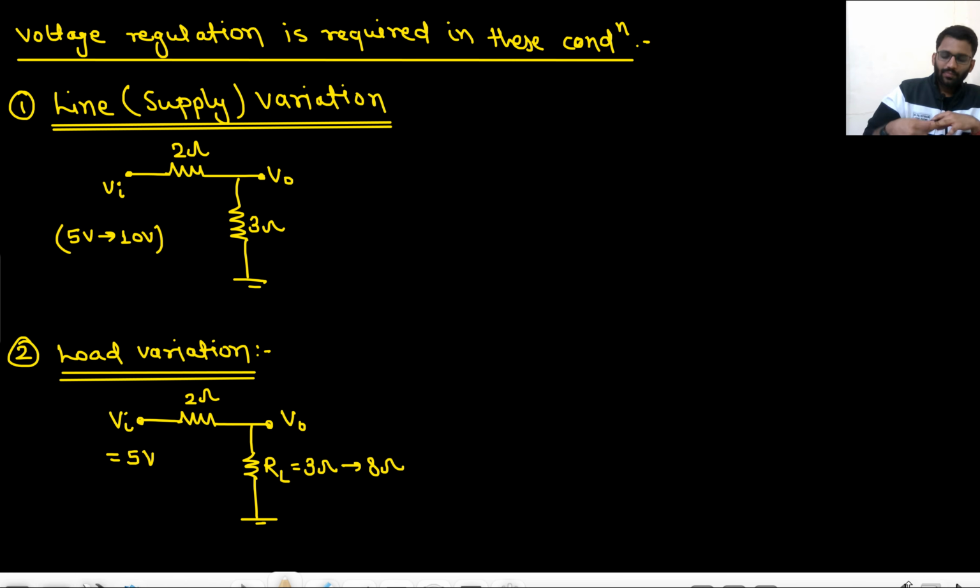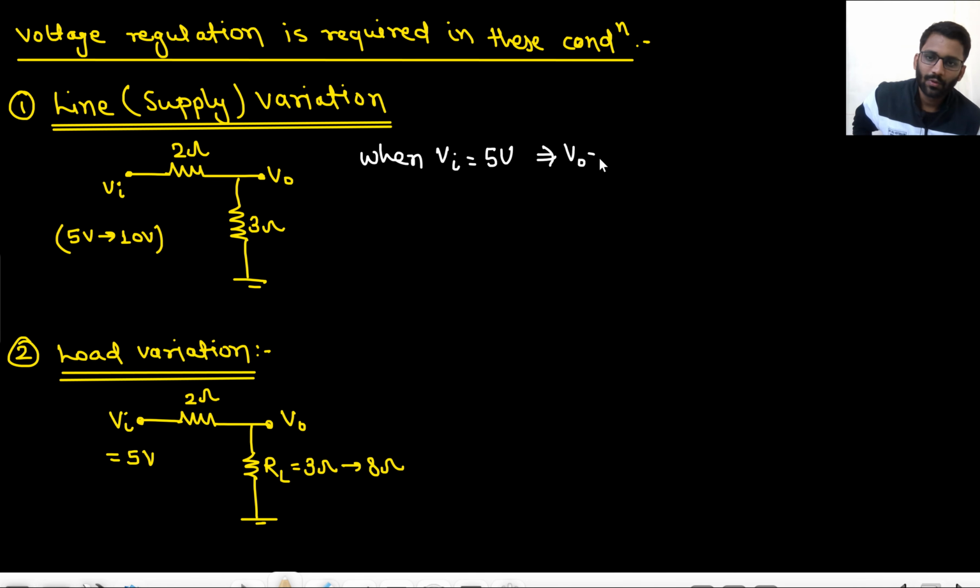So where do I actually need voltage regulation? Look, line variation, that means your supply is varying. Your supply is varying from 5 volt to 10 volt. When Vin was 5 volt, what was your output? Output was 3/5 into 5, that means 3 volt. When your input was 10 volt, what was your output?